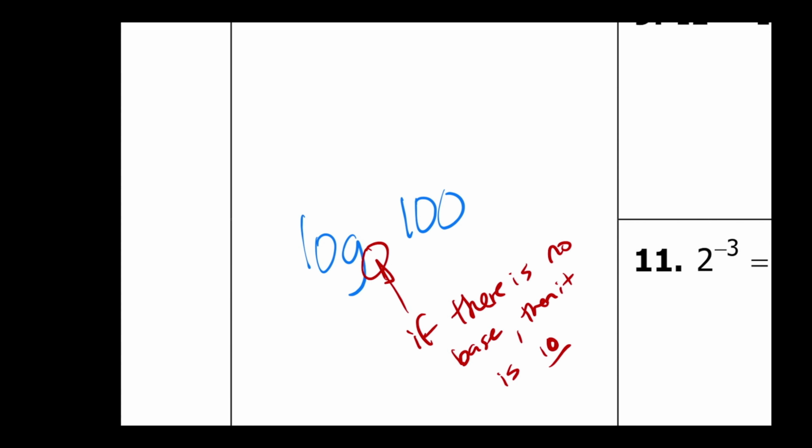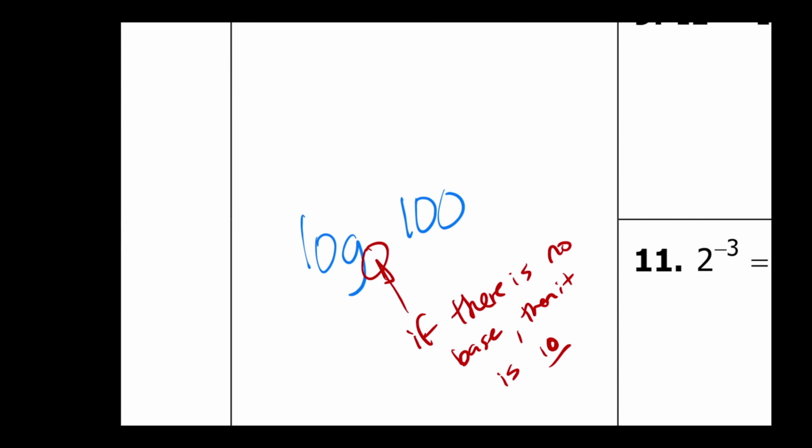Now, a log could have any base, but your calculator likes base 10 because our fingers and our whole number system is used in base 10. So that's our basic base that we use. And I'm going to show you a formula later that you can change any base into base 10, or you can change any base into any other base.